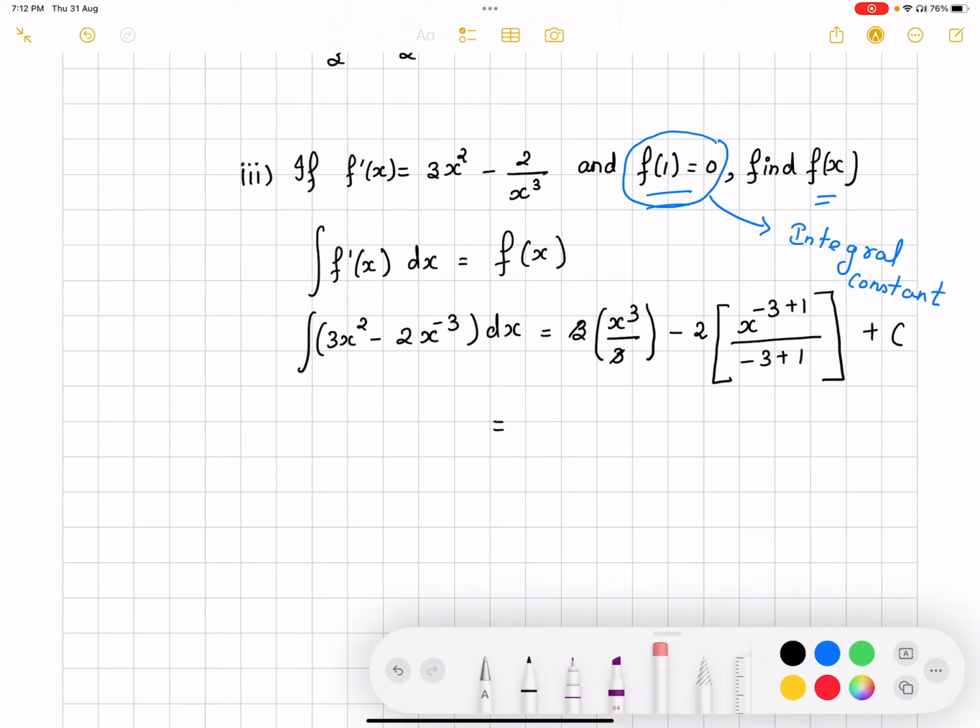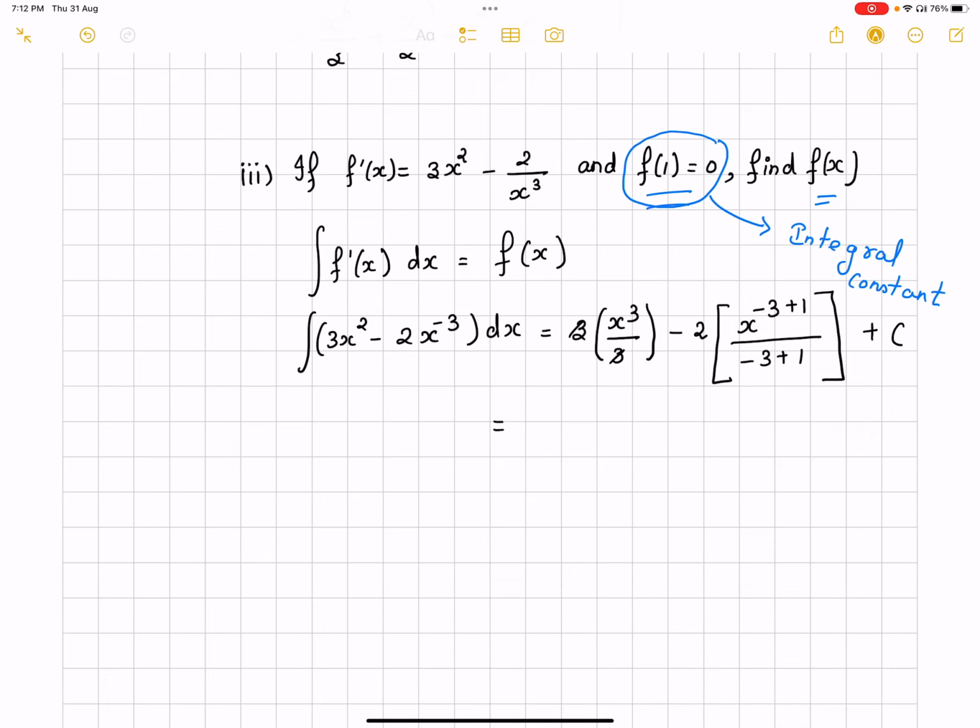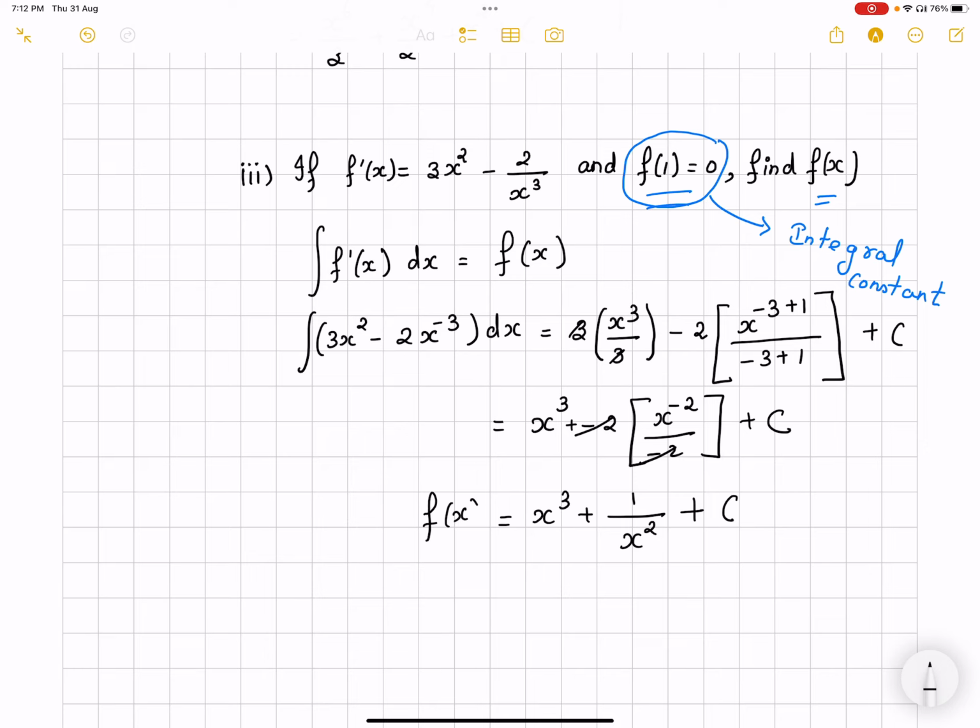Then we have x cube, and here minus 2 and x raised to the power of minus 2 divided by minus 2 plus c. Even minus 2 gets cancelled, so that means I would be having plus here. I would be having x cube plus 1 by x squared plus c. So this is what I got as my f of x.